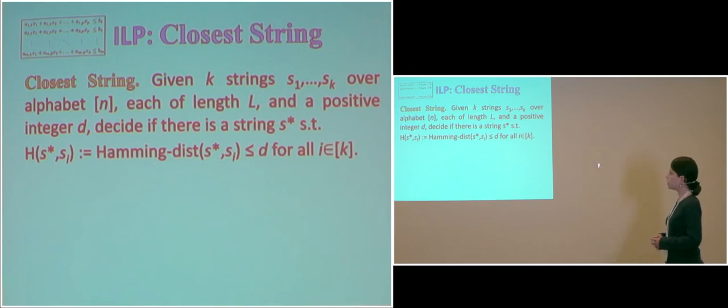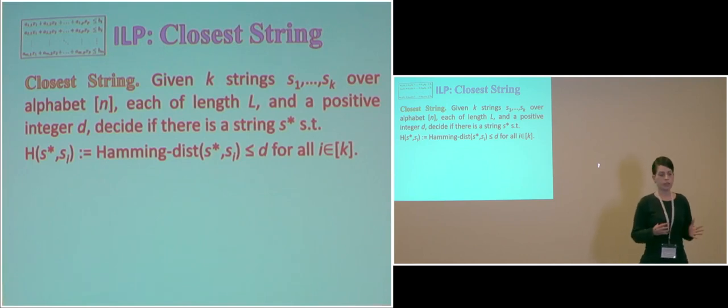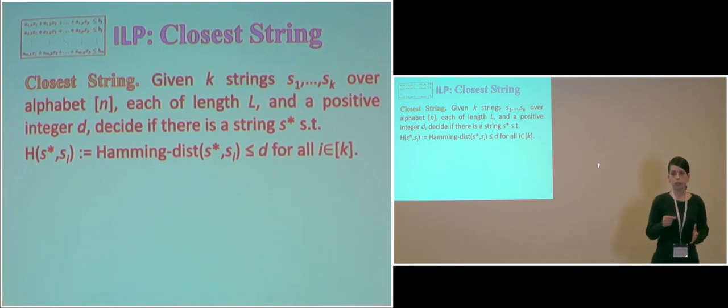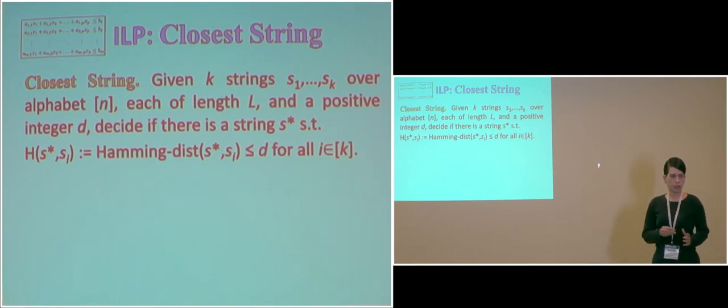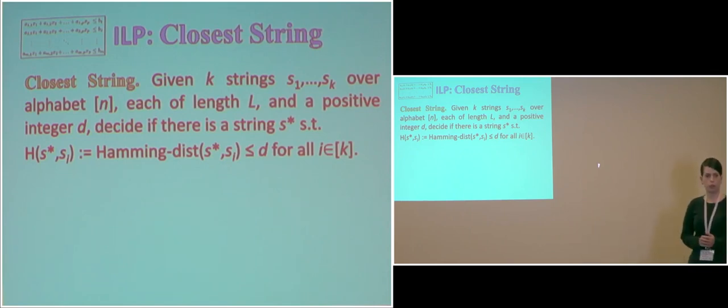Now, what we are asking ourselves is: is there a string S star of the same length L that is close, that is similar, to each one of the strings in our input? S star is similar to S1, it is similar to S2, it is similar to each one of them.